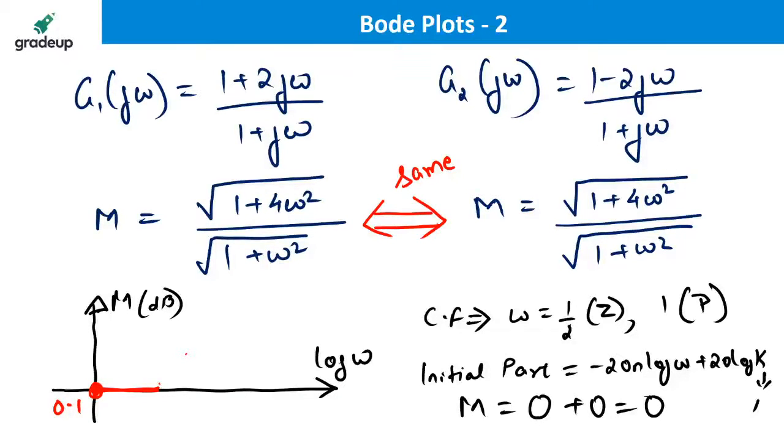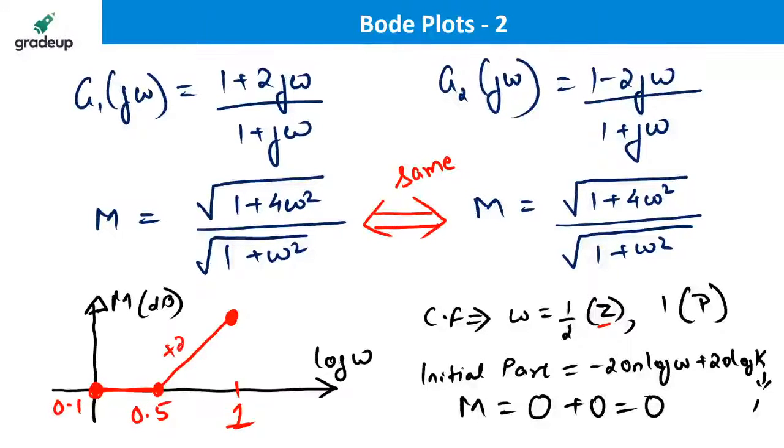Then you have to wait for the first corner frequency. Here comes the first corner frequency, which is 0.5. That is due to a 0, so the slope will change by positive. So the slope becomes plus 20 decibel per decade. Then you have to wait for the other corner, the pole, which is 1, and here the slope will again change by minus 20.